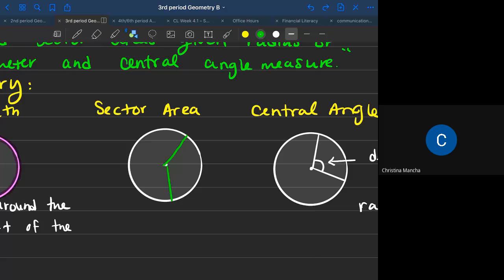When I find the sector area, I'm technically looking at that. The best way to describe it is kind of like a slice of the pie. I'm trying to draw it as best as I can, but notice that that section has been highlighted in green. Here we're going to focus only on that section.